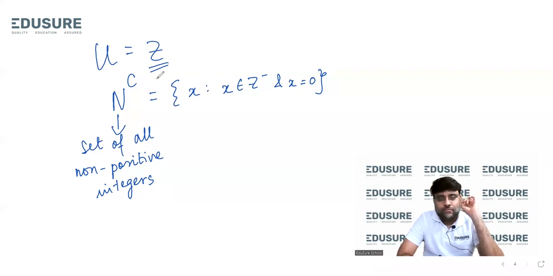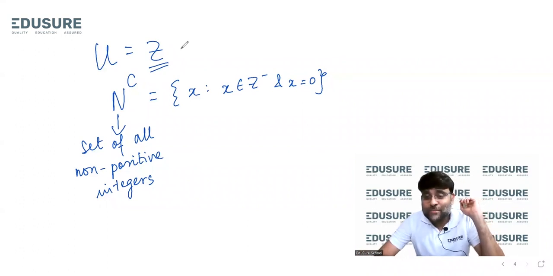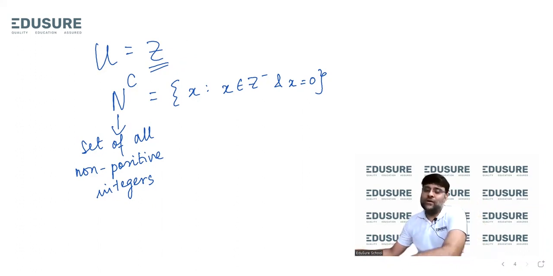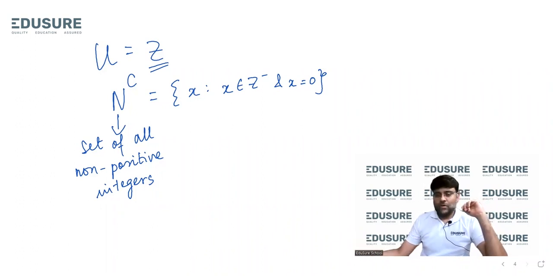So the complement concept is absolutely clear. If nothing is mentioned, please understand what the question is trying to tell you. More often than not, it is the set of all real numbers.